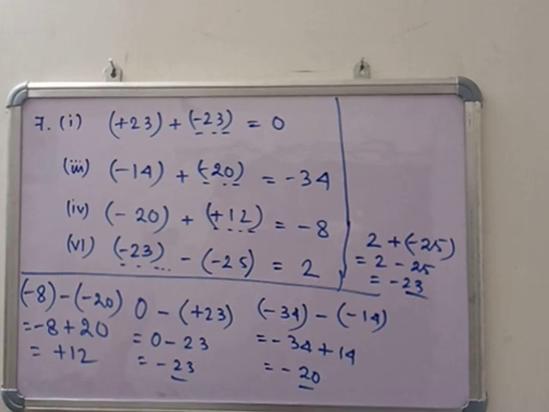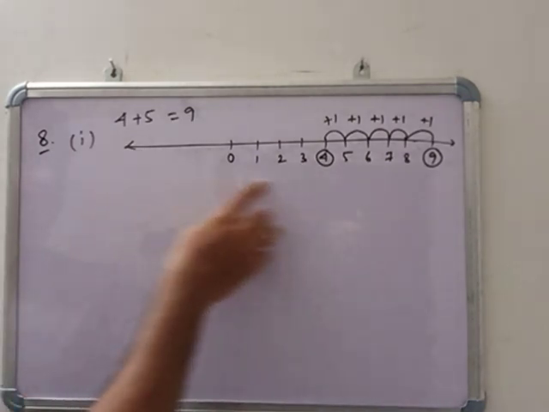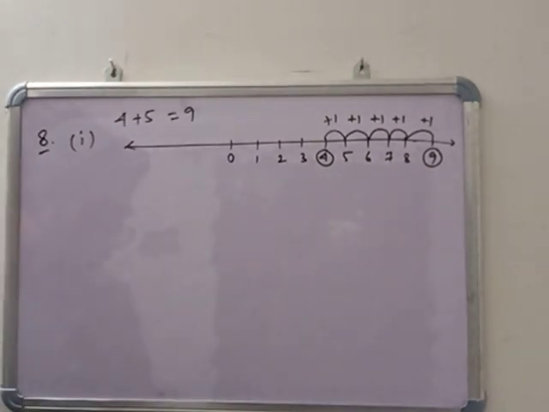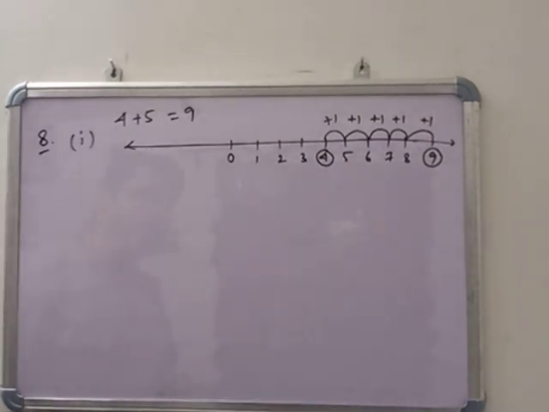Next one. So in number 8, you have to show the addition in number line. First, you have to draw the number line. See that? I am drawing a number line here. Given 5 plus 4. 5 plus 4 or 4 plus 5, they are the same number.